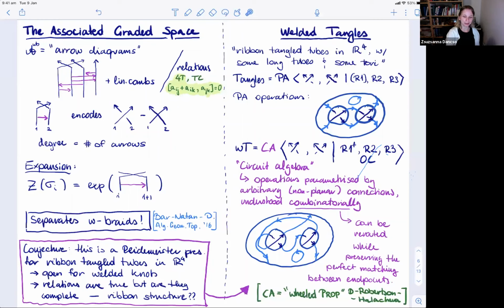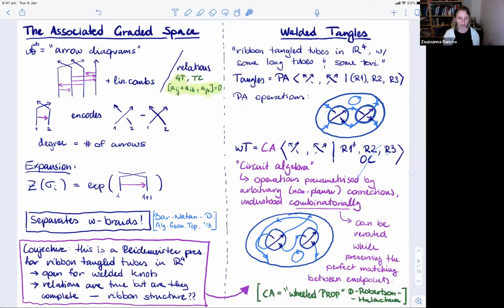So here an arrow encodes a crossing minus a virtual crossing, and it's important that the arrow is pointing from the overstrand to the understrand. And when I say encodes, I mean this is a degree 1 element of the associated graded, so it corresponds to something in the augmentation ideal modulo the augmentation ideal squared, and this is that element in the augmentation ideal. The degree is given by the number of arrows, so this diagrammatic space is graded.